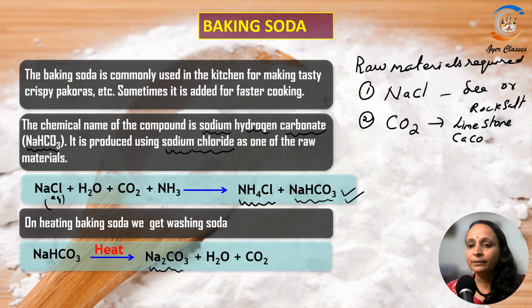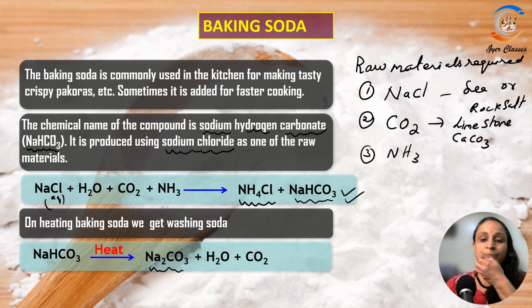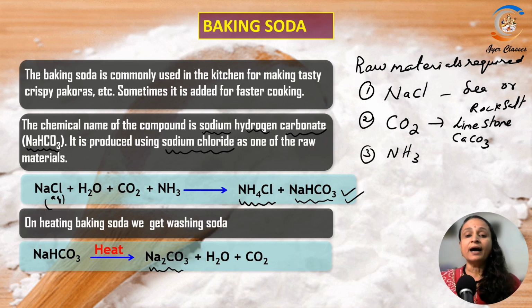It is calcium carbonate. You burn this and you will get carbon dioxide. And the third important one is ammonia. Ammonia gas is produced by reacting, at high pressure, nitrogen and hydrogen in the presence of a catalyst, and you get ammonia, right? So these are the three main raw materials required for making baking soda.